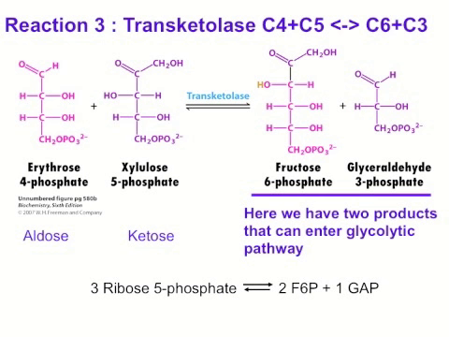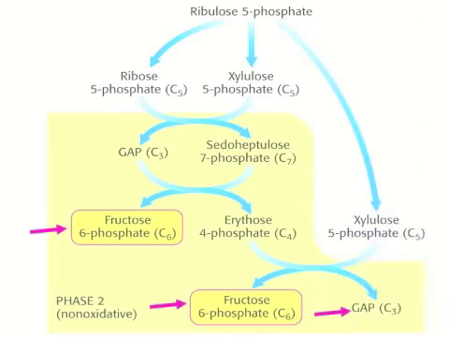We're going to be left with fructose 6-phosphate and glyceraldehyde 3-phosphate. And so with this reaction, we have the 2 other glycolytic intermediates. So from 3 ribose 5-phosphates, we can gain 2 fructose 6-phosphates and 1 glyceraldehyde 3-phosphate.